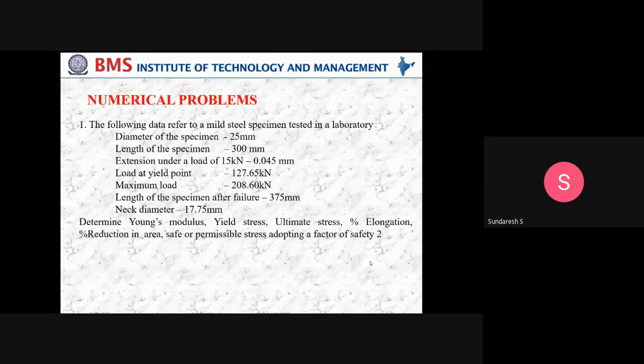Then length of the specimen after failure, 375 millimeter.